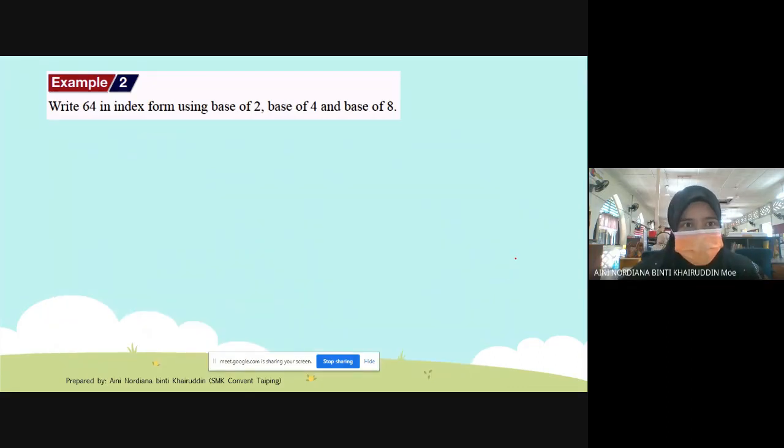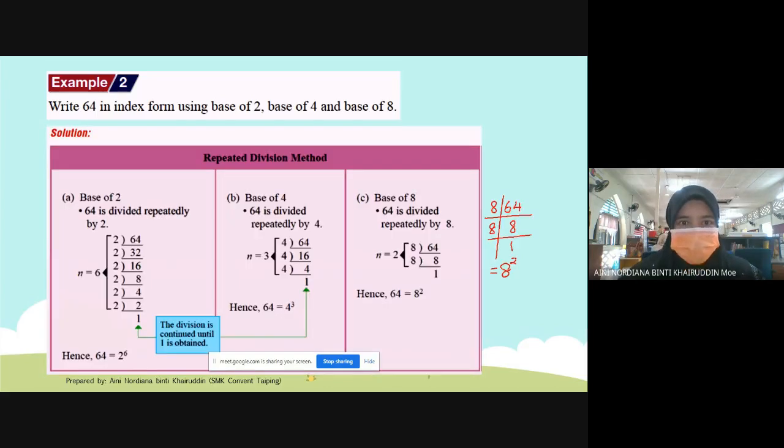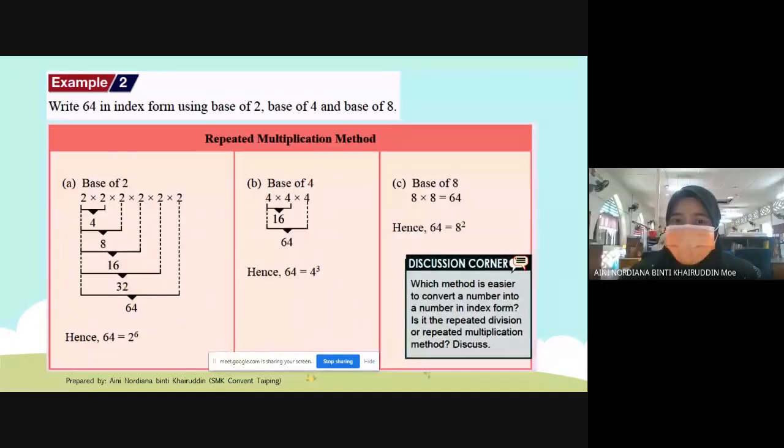Next. Just now I said we have two methods, right? The first method is the repeated division method. The second method is the repeated multiplication method. Base 2, you just write 2 times 2. Then the answer is 4. Then you times 2, the answer is 8. Times 2, the answer is 16.